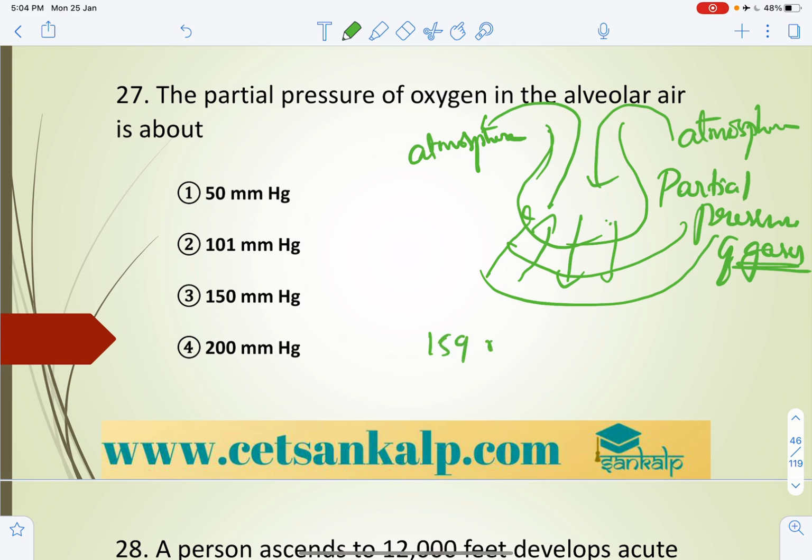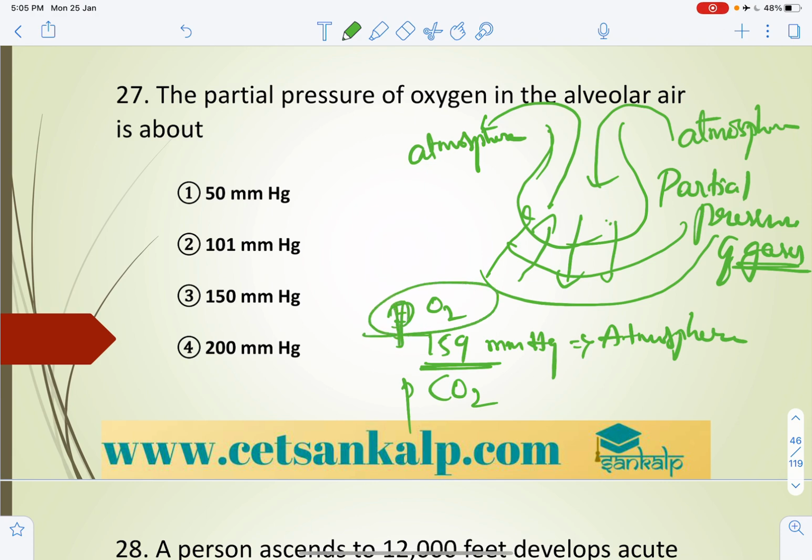Generally outside there will be 159 mm of Hg of oxygen in the atmosphere. So the partial pressure of oxygen is 159 mm Hg in the atmosphere, whereas the partial pressure of carbon dioxide is... PO2 represents the partial pressure of oxygen, and PCO2 represents the partial pressure of carbon dioxide.